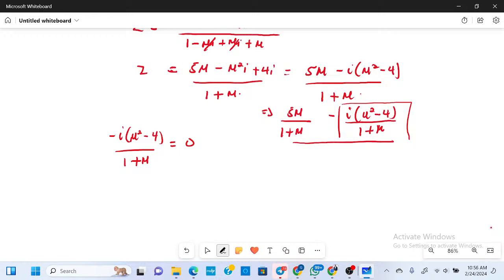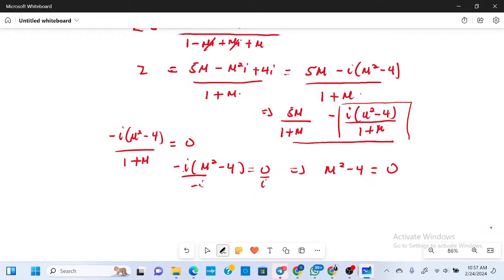I simply cross multiply, and this gives me negative i times mu squared minus 4 is equal to 0. My i will also go away since I'll divide through by negative i. And I'll be getting mu squared minus 4 is equal to 0.